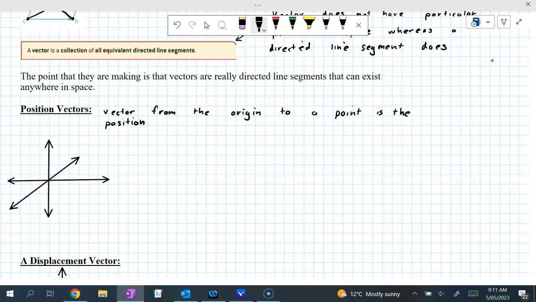So it's describing it relative to the origin. It's basically saying, how do we get from the origin to some point? So if I put a point in space A and I start at O, which is the center of my three-dimensional origin, then the vector from O to A is the position vector of A.